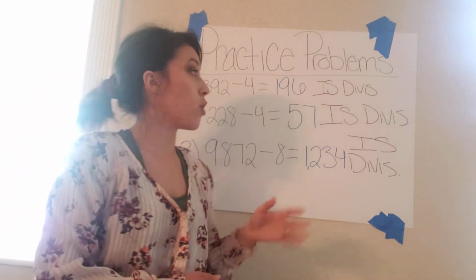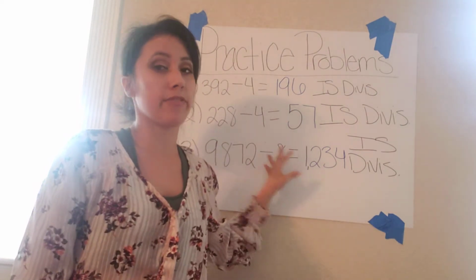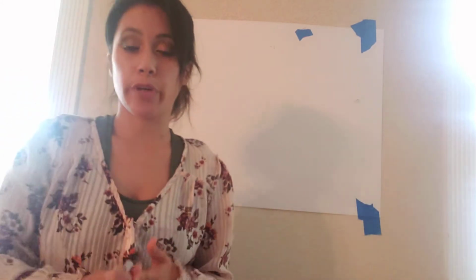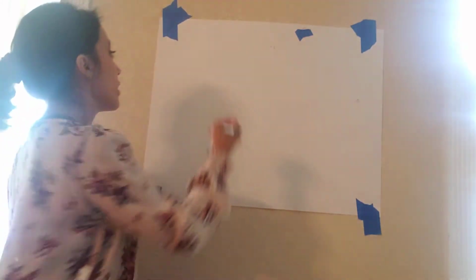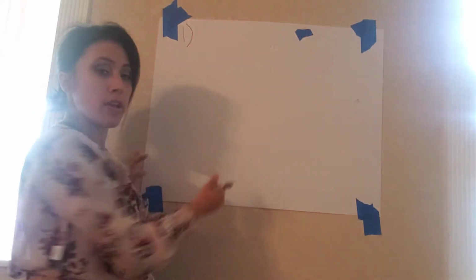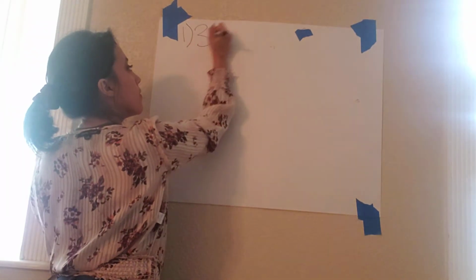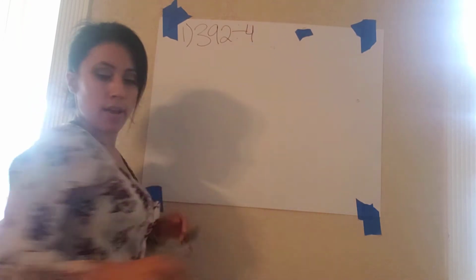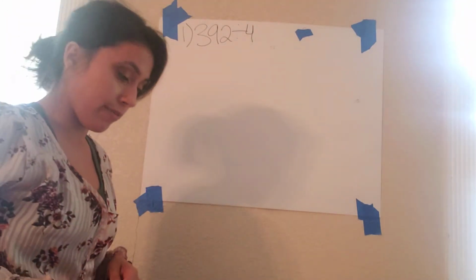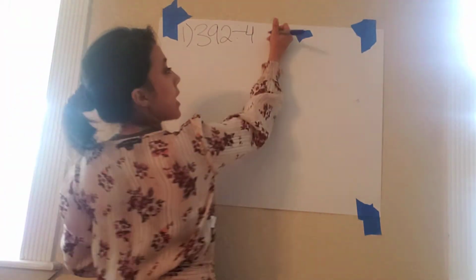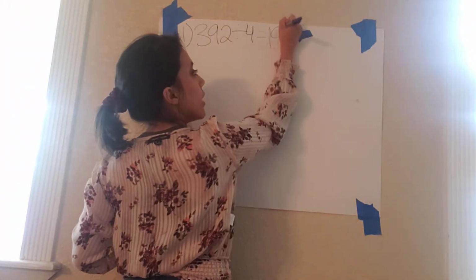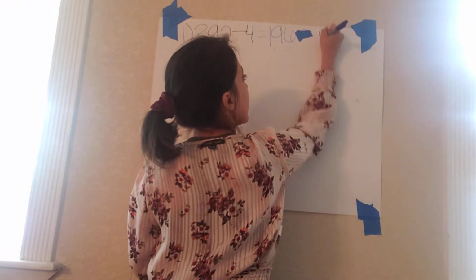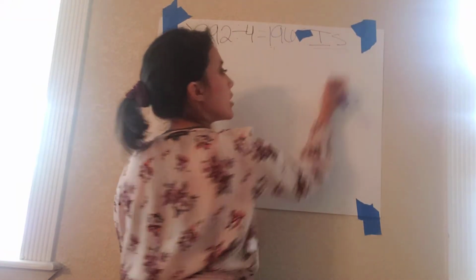Now we're going to go ahead and go over these answers together and see if they are right or wrong. So we're going to go over the first practice problem, which is 392 divided by 4. And we had the group give us their answers, and one group said that this equals 196, and another group said that it is divisible.